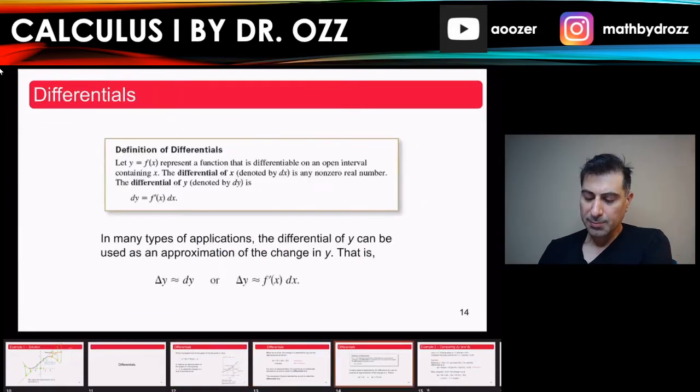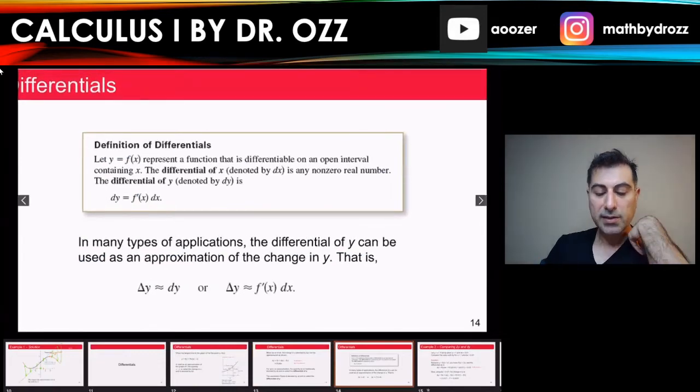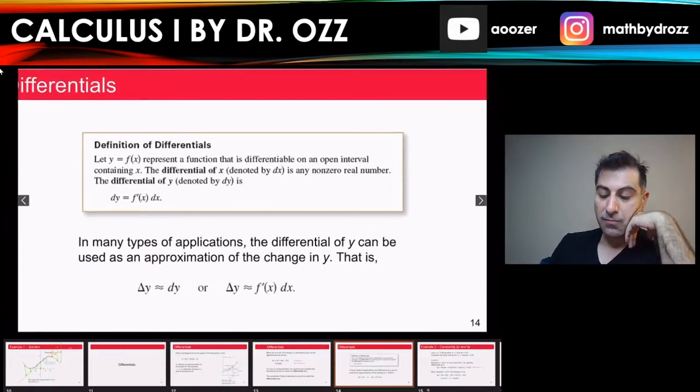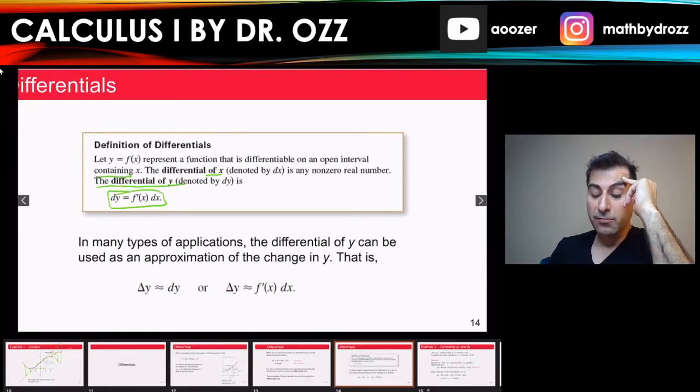Okay, and let's put this as a good definition here. So this definition says that if you have a differentiable function on an open interval containing x, the differential of x is any non-zero real number, that's the change in x essentially, and the corresponding change in y is denoted by f prime of x delta x.